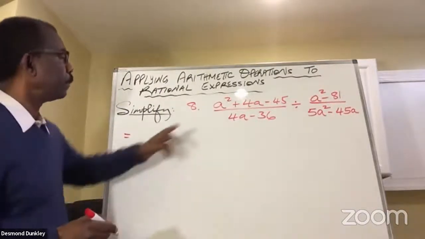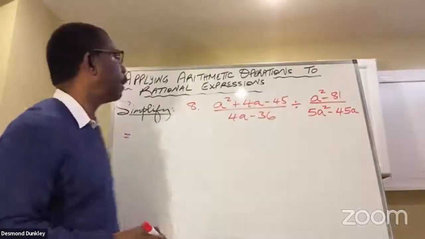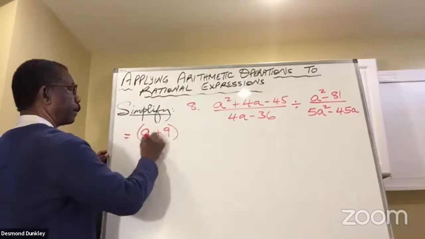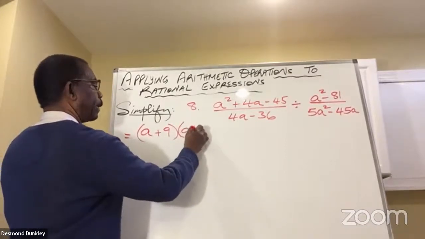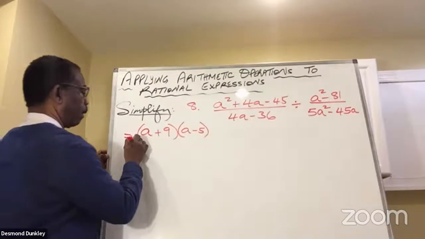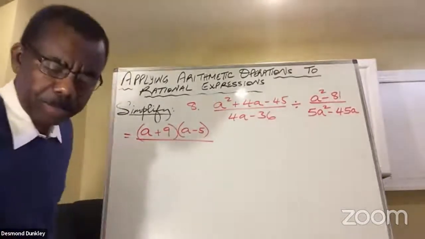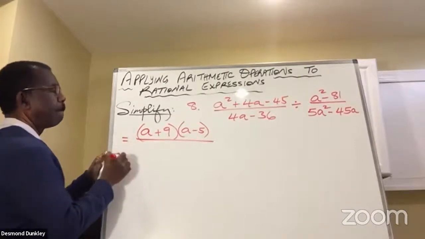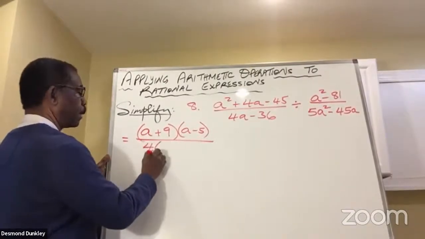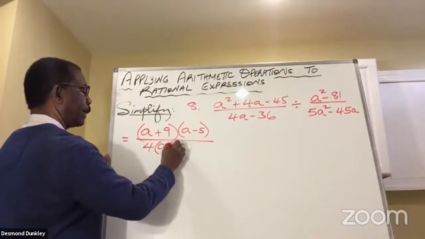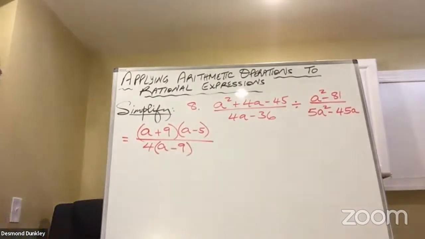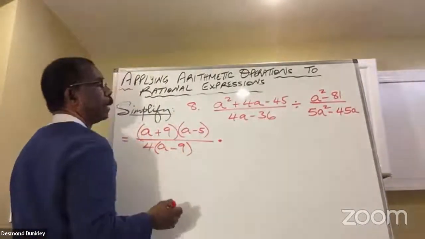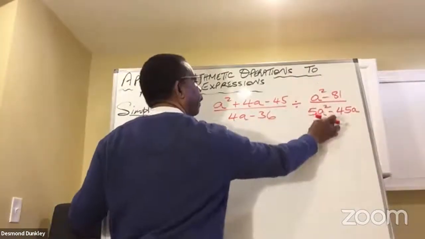Here we go. So this becomes a plus 9 times a minus 5. The bottom becomes, and like I told you before, you keep the equal sign in line with the vinculum, 4 times a minus 9. Then we're going to change the division to multiplication, and we're going to put this on top and put this on the bottom.